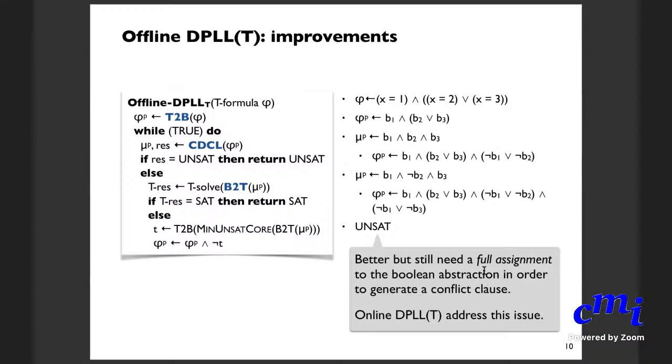For example, in equality, if x is equal to y and y is equal to z, and you have another atomic formula saying x is not equal to z, obviously that's not possible, because equality preserves transitivity.